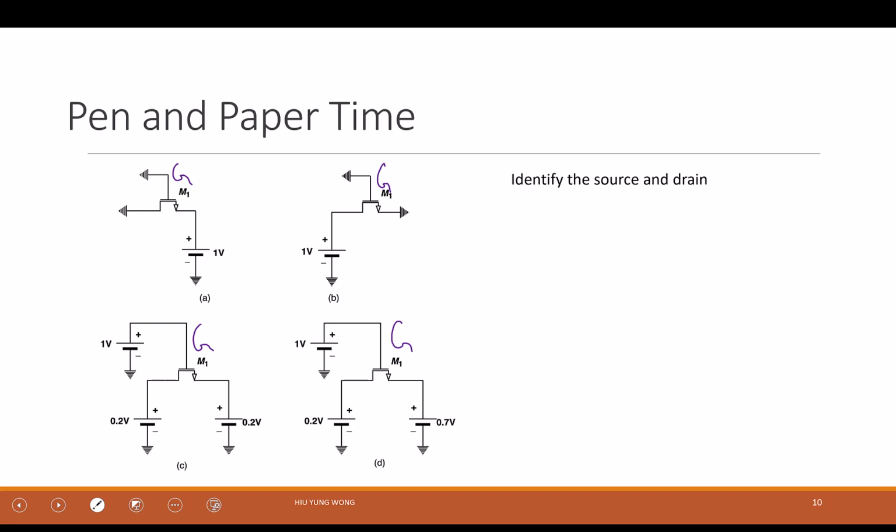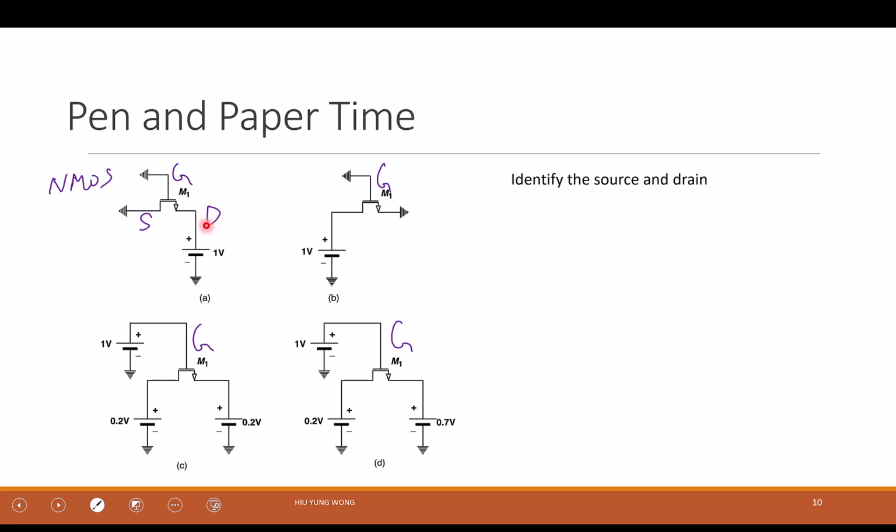You will know whether it's NMOS or PMOS based on different information; maybe it is given, or maybe you are the circuit designer and you know that. So I know this is NMOS. I compare these two terminals and see that this one is at a higher potential. This is 1 and this is 0. Electrons come from the lower potential to the higher potential, so this is the source and this is the drain.